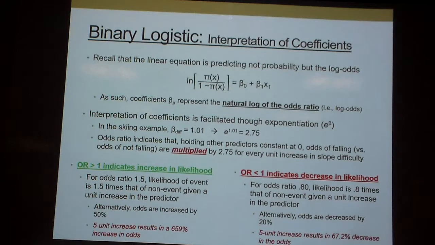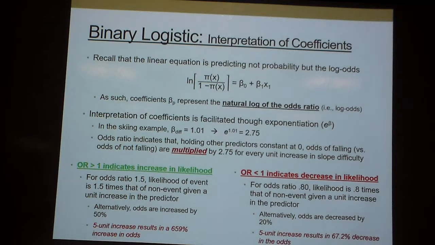Okay, so this is where people get tripped up. If you're talking about this odds ratio and just interpret it as a likelihood, you don't have to say increase or decrease. You just say the odds of an event are 0.8 times that of a non-event, given a unit increase in here. Because the fact that you're reporting an odds ratio that's a decimal already indicates that it's a decrease to anybody who knows what they're looking at, right?